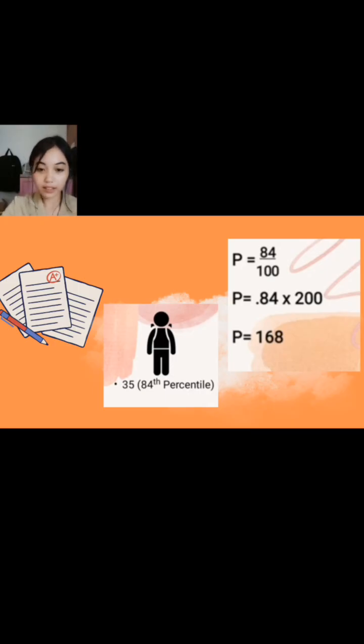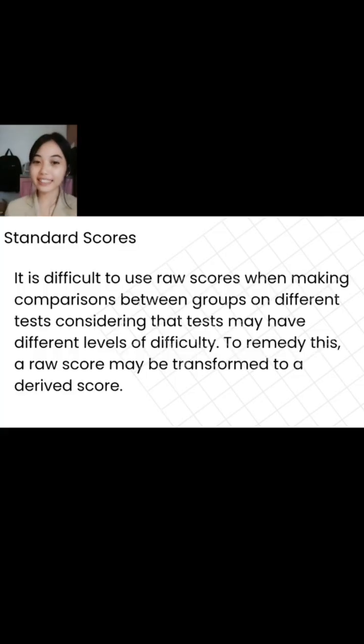So, the percentile rank is 168. If there were 200 students who took the test, a percentile rank of 84 indicates that the student scored higher than 168 students. So next is standard scores.